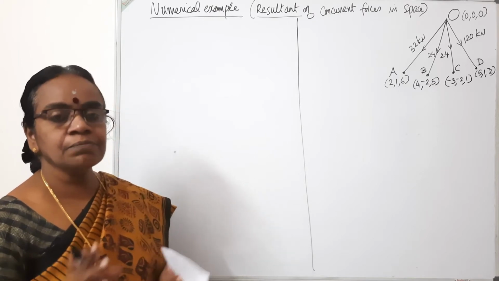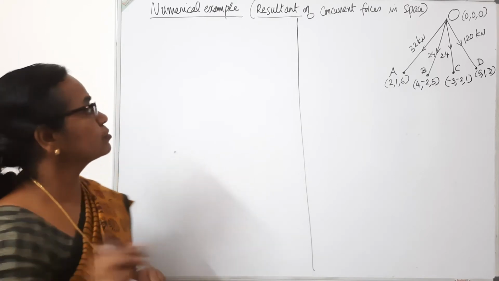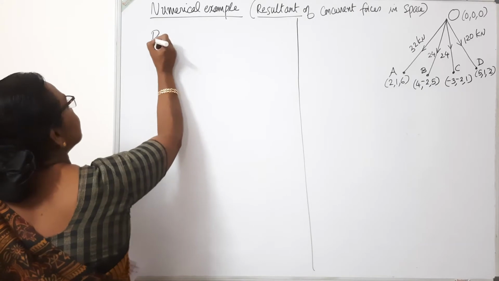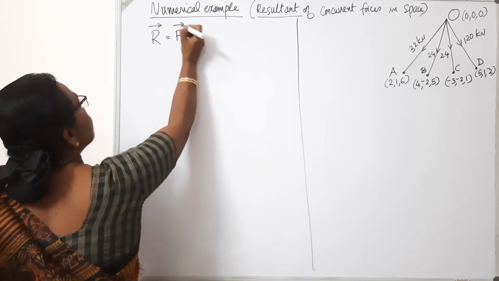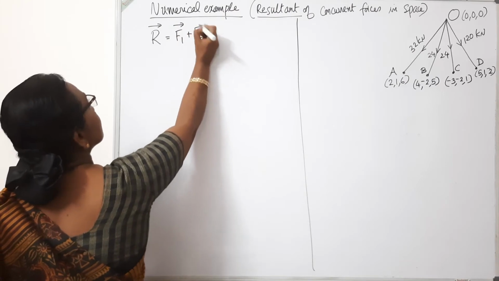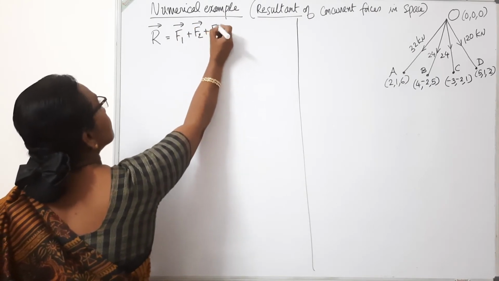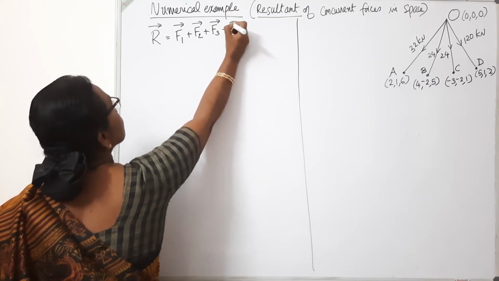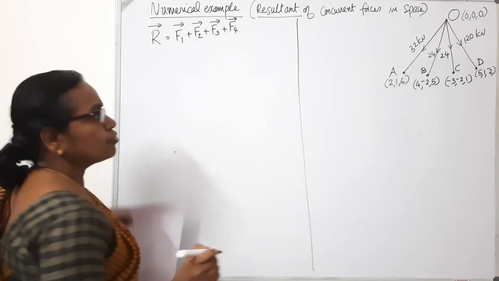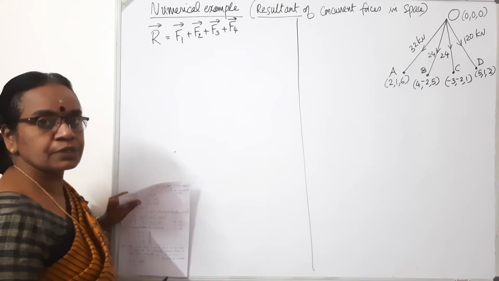The resultant is nothing but the vector addition of the four forces. So first step, the resultant R is nothing but the vector addition of F1 plus F2 plus F3 plus F4. There are four forces.